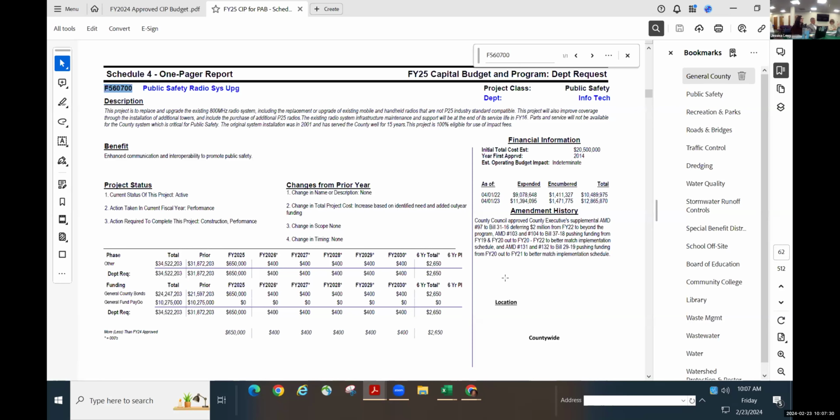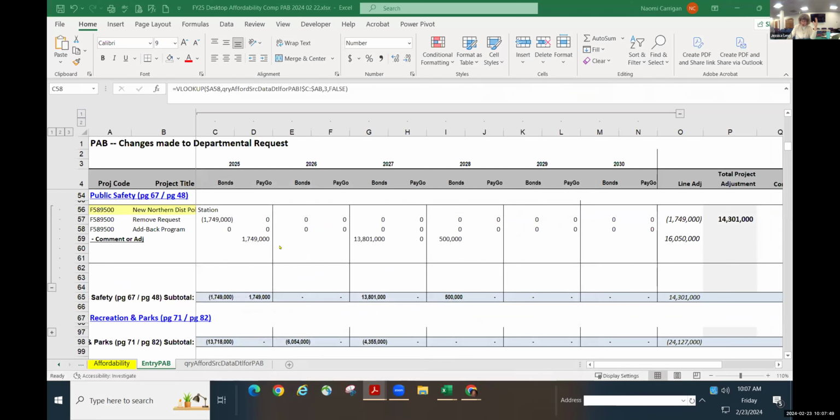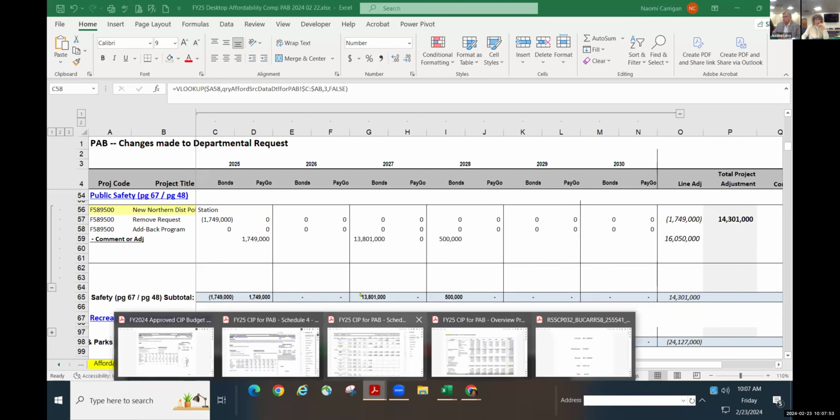Back to budget. Sorry, can you go back to the other? I mean, back to the first one. That's only $150. I'm sorry, how much are they asking for this year? $150,000 versus 400. They're asking for 650 this year. Why don't we fund the current year and take out the out year?